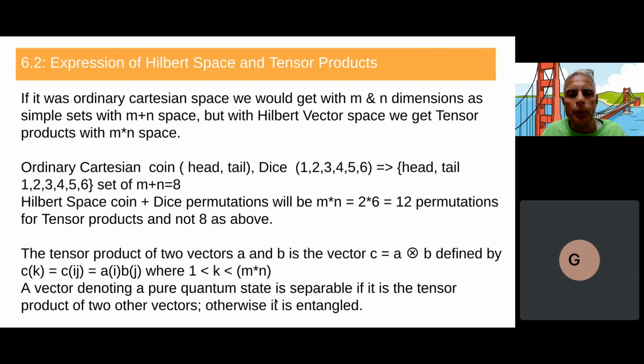So a vector denoting a pure quantum state is separable. And that means if we have a superposition, then they are easily separable, pure quantum. But if we have something entangled, then it's not the same thing.